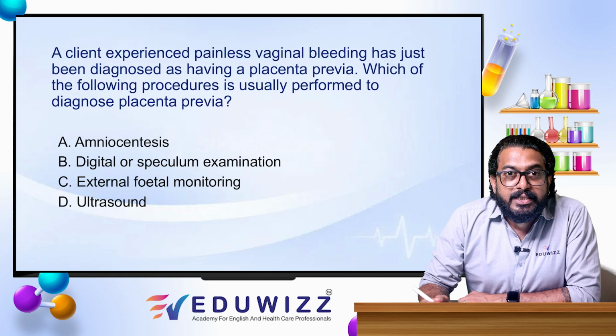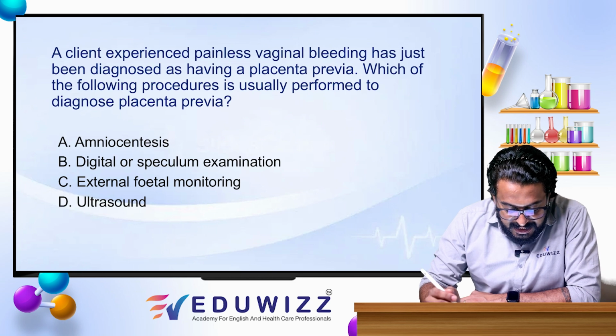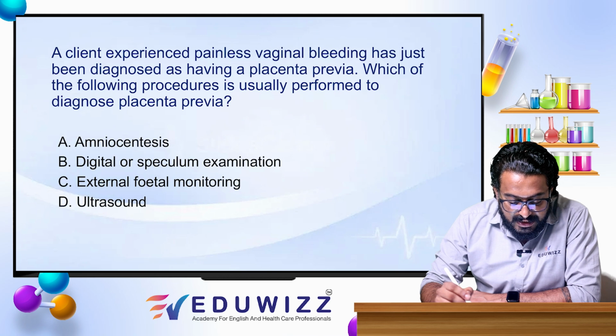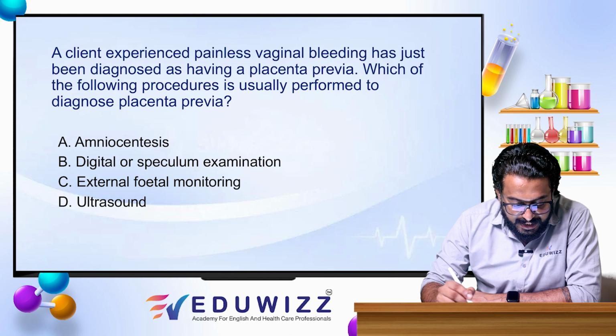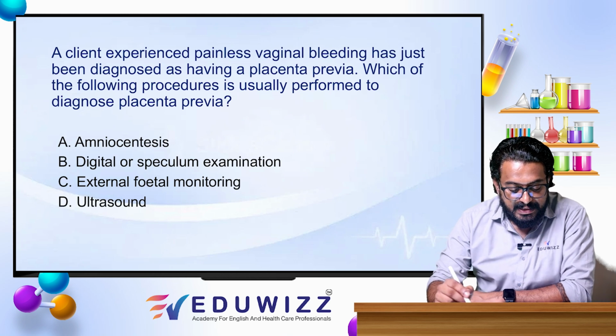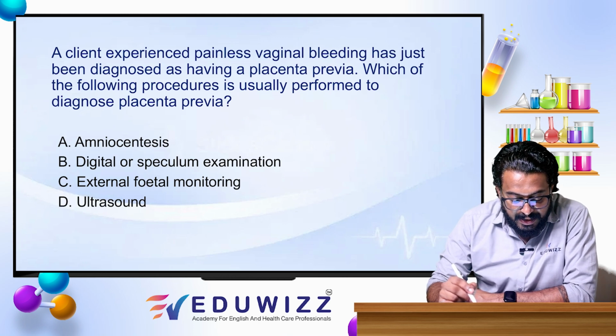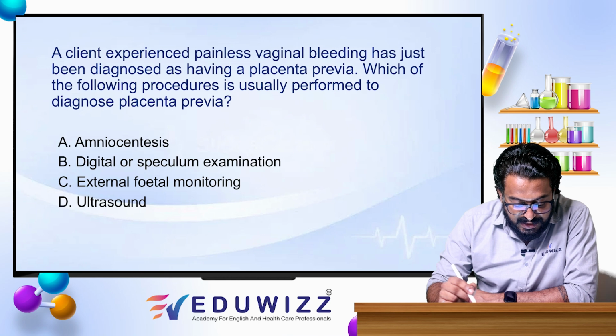Next question. A client experienced painless vaginal bleeding, has just been diagnosed as having placenta previa. Which of the following procedures is usually performed to diagnose placenta previa? A. Amniocentesis. B. Digital or speculum examination. C. External fetal monitoring. D. Ultrasound.